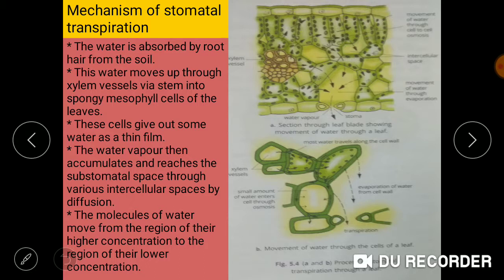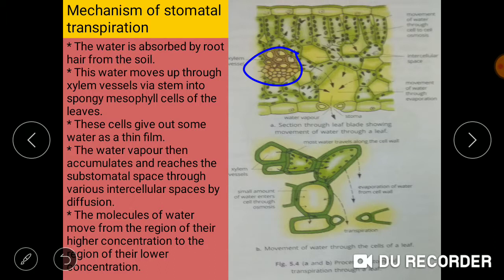In the first diagram, again the section of dicot leaf has been shown, illustrating the movement of water. Be very careful with the arrows shown over here. In the center is the vascular bundle containing the xylem vessel, and these arrows show the water movement.